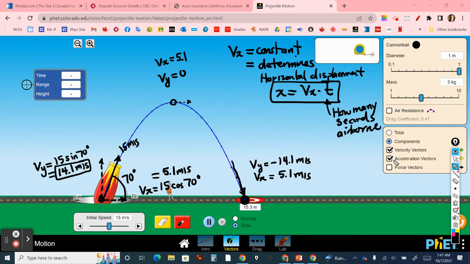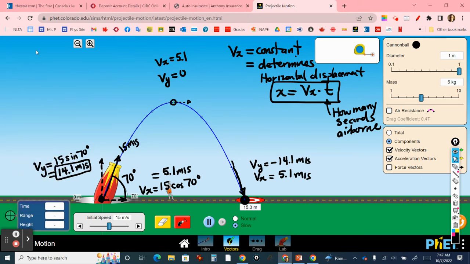And if you want to find out how many seconds it's in the air, what we do now is, and so I'll just call this, call that 1. The number of seconds in the air, the time in the air is only determined by the initial velocity.